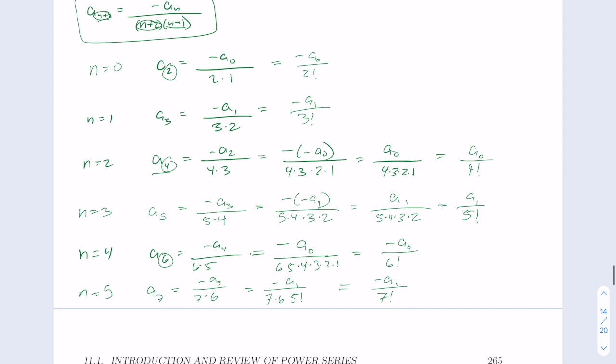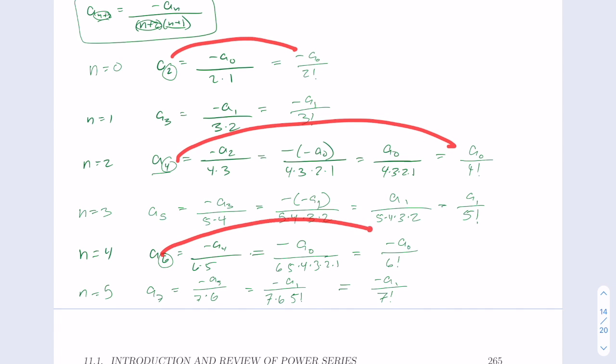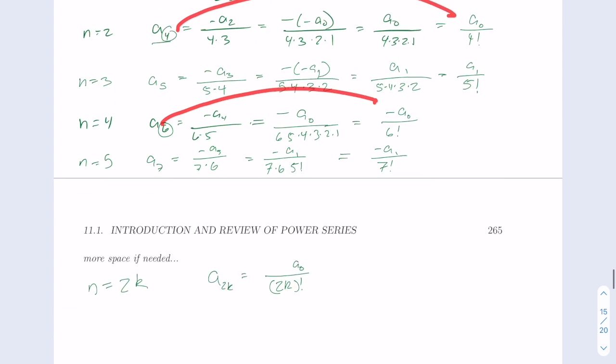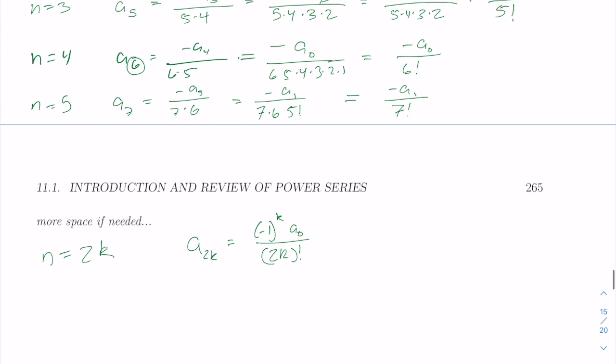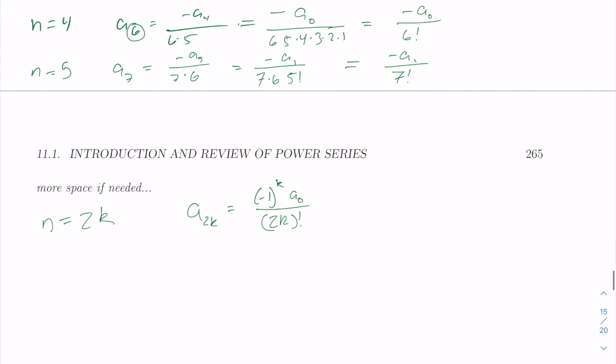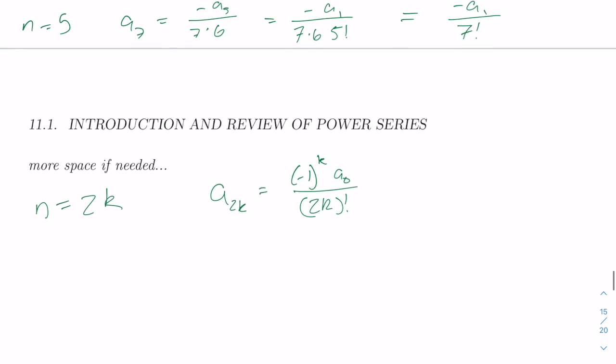And so 2 times 1 is negative, 2 times 2 is positive, 2 times 3 is negative. And so when k is even, then it is positive. So it's just going to be negative 1 to the k, right? So when k is 1, it's negative. When k is 2, it's positive, and so on and so on. Okay.